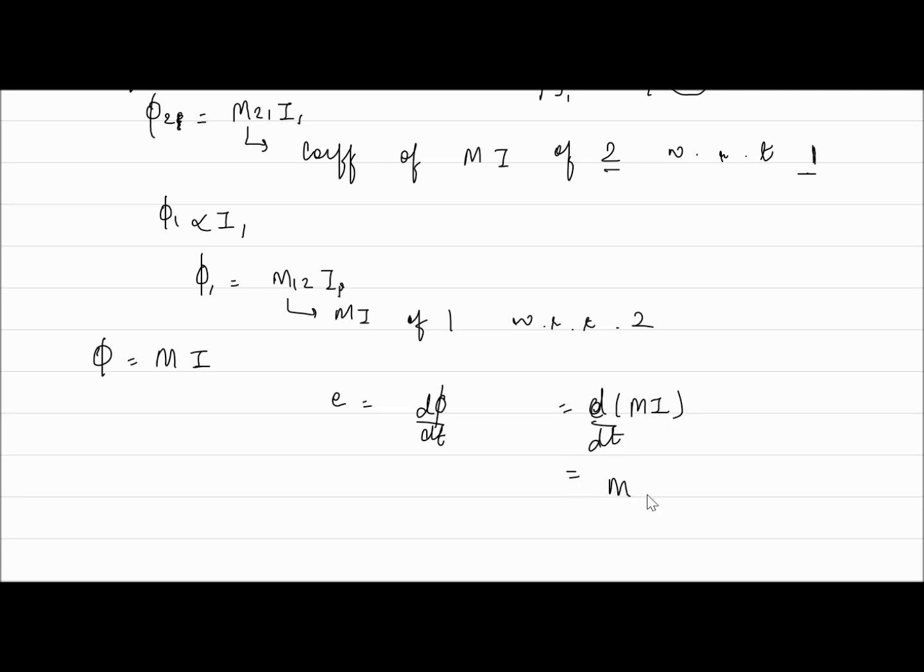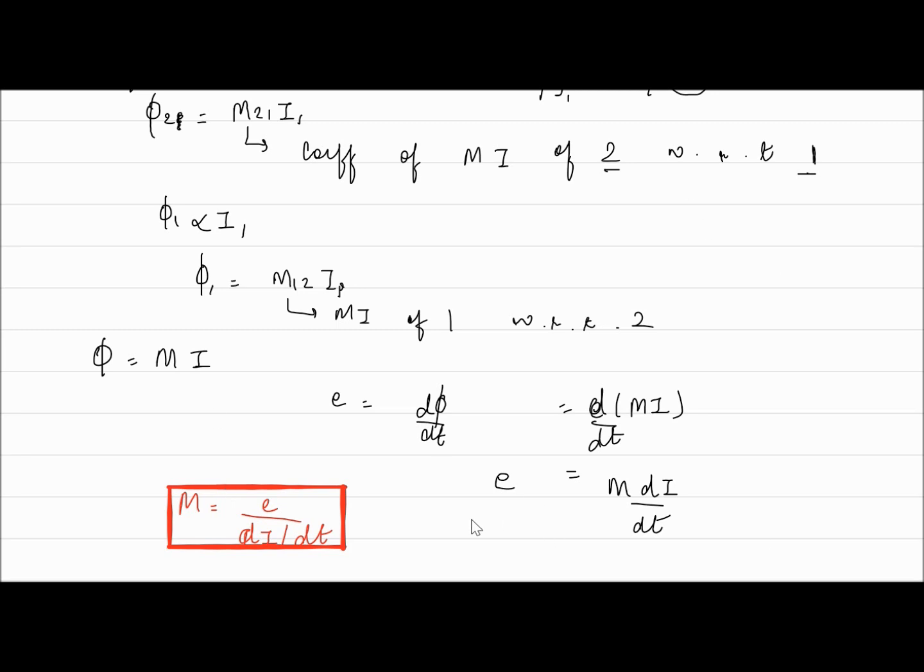So this becomes M di by dt. E is equal to M di by dt, so what do we get? M, that is the coefficient of mutual induction, equals E upon di by dt. So this is the formula for coefficient of mutual induction, like we had for coefficient of self-induction.